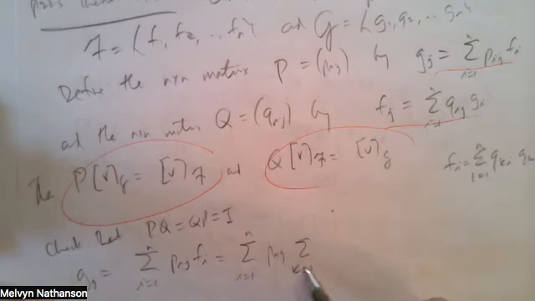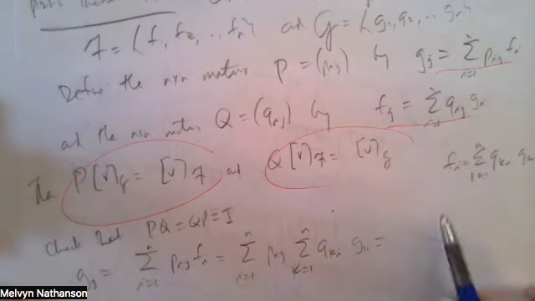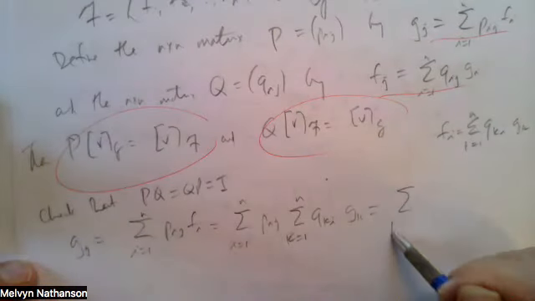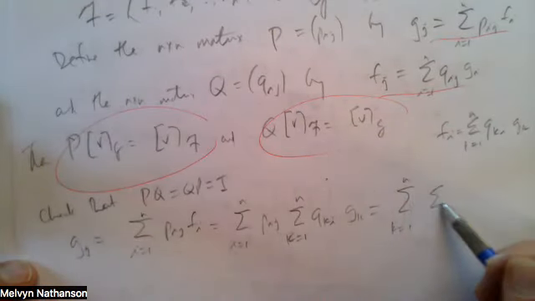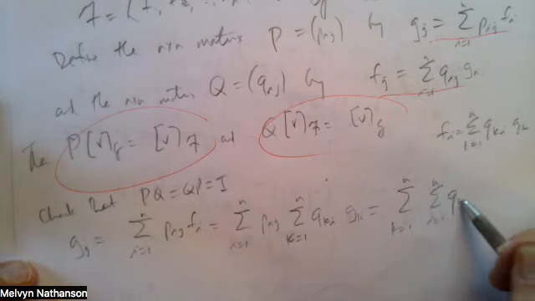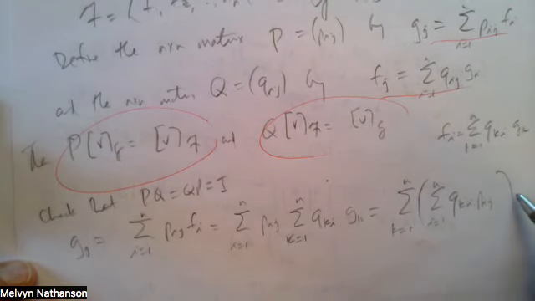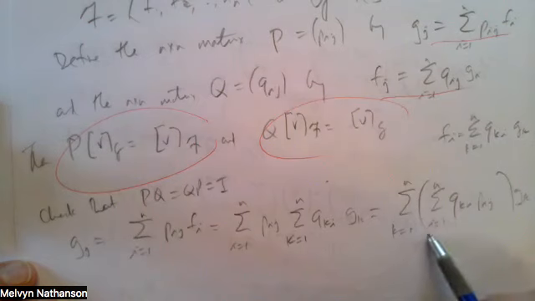This is the summation, k goes from 1 up to n, Qki G sub k. If I interchange my summations, this is the summation, k goes from 1 up to n, summation i goes from 1 up to n, Qki Pij times G sub k.